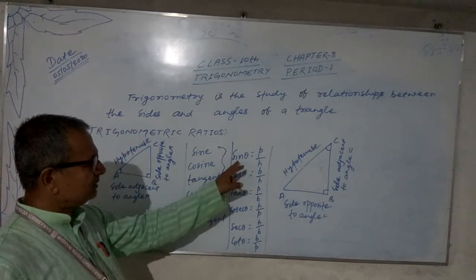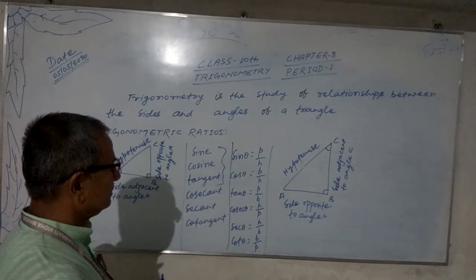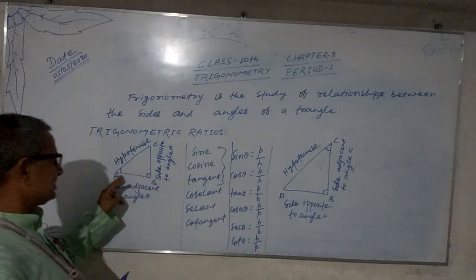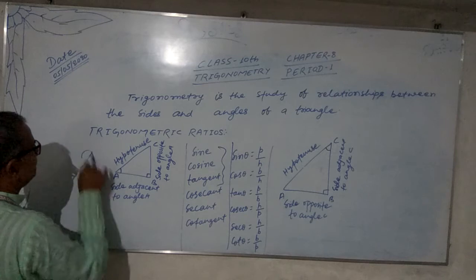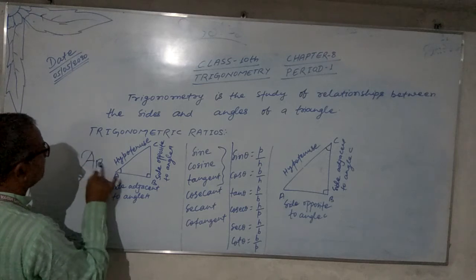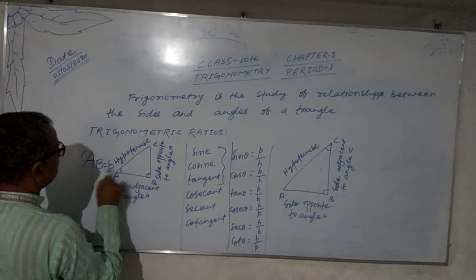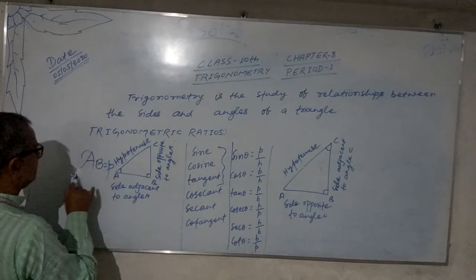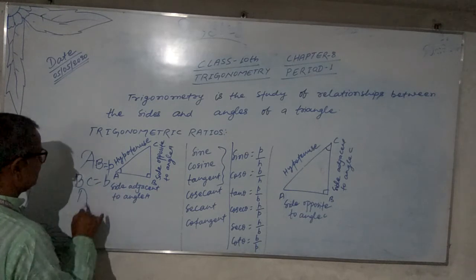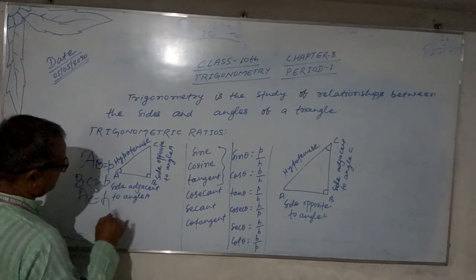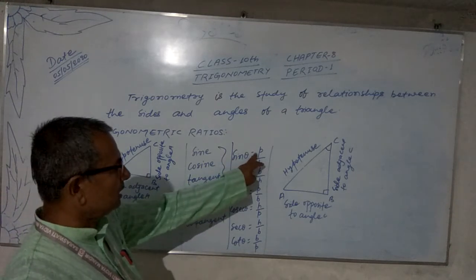The relationship of sin theta is P by H. In this case, AB is P, BC is B, AC is H. Sin theta is perpendicular by hypotenuse.